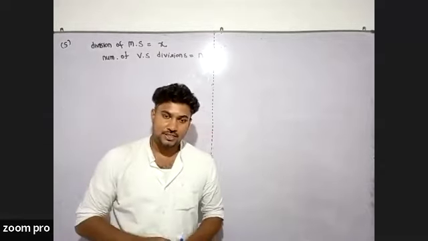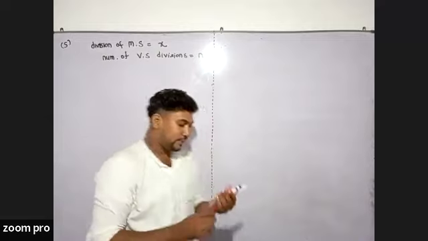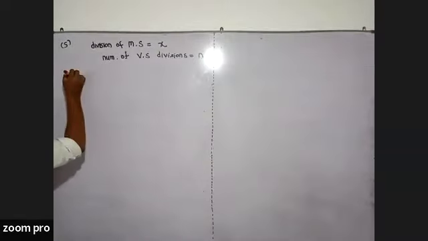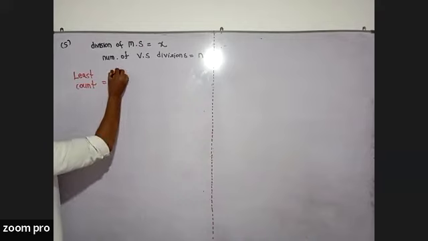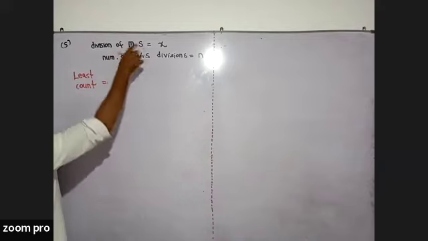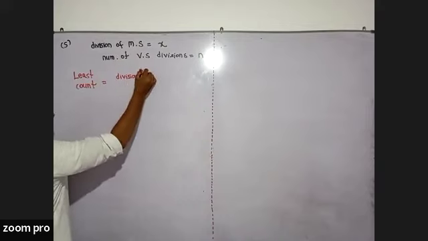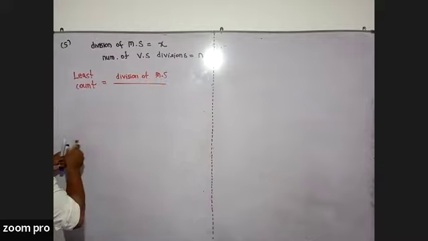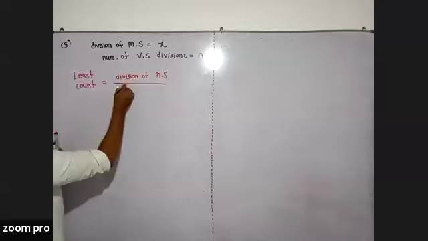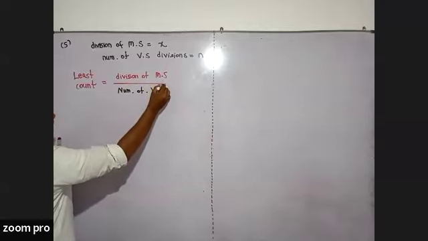There are two equations to obtain the least count of a vernier caliper. The easiest way is that the least count can be obtained by dividing the division of main scale by the number of vernier divisions.